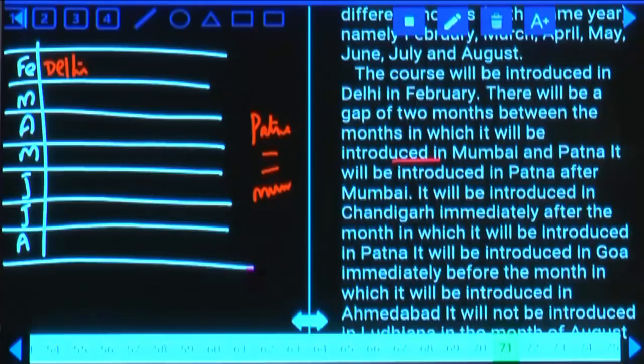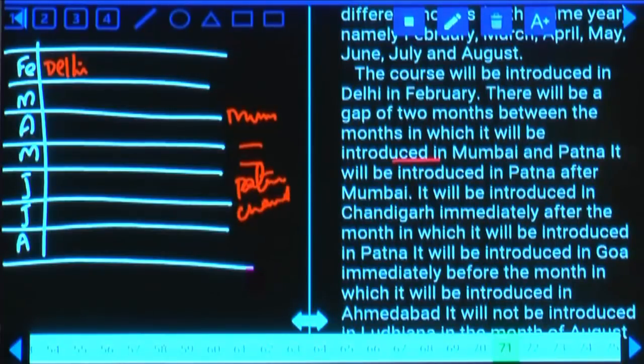Now there will be a gap of 2 months between Mumbai and Patna, and it will be introduced in Patna after Mumbai. Patna is after Mumbai, isn't it? As Patna is after Mumbai, now Mumbai is at this place. Next blank blank, this will be Patna, and Chandigarh is immediately after this one.